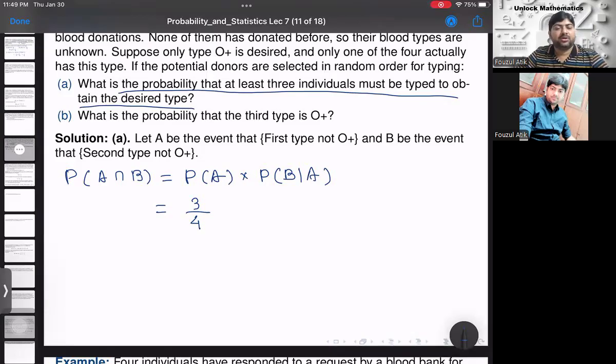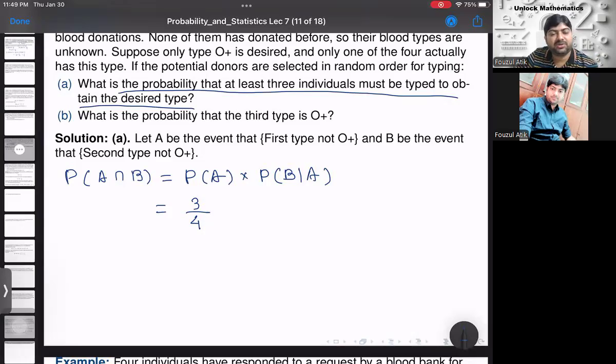Okay, next. Probability of B given A. So the event A has already happened. Then you have to find the probability of the event B given that A has already happened. And A means that the first person is not O positive. What is this probability? Once the first person is already checked, 3 are remaining, and among these 3, 2 do not have the O positive blood.